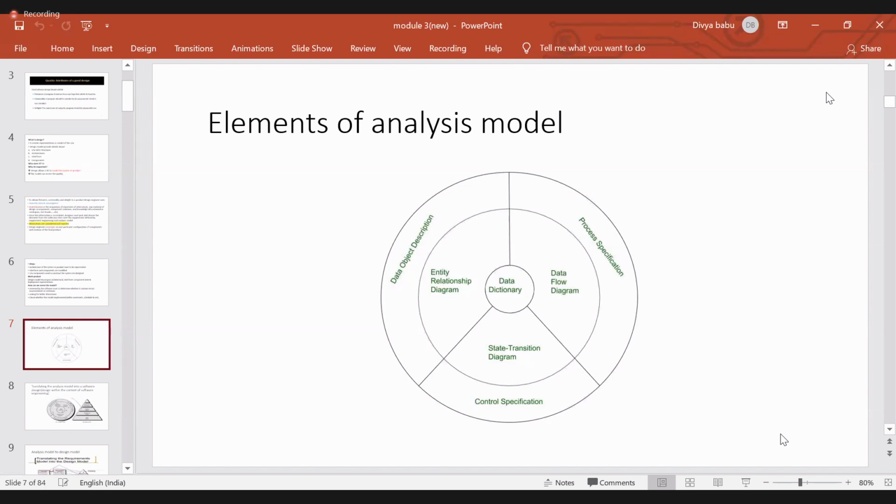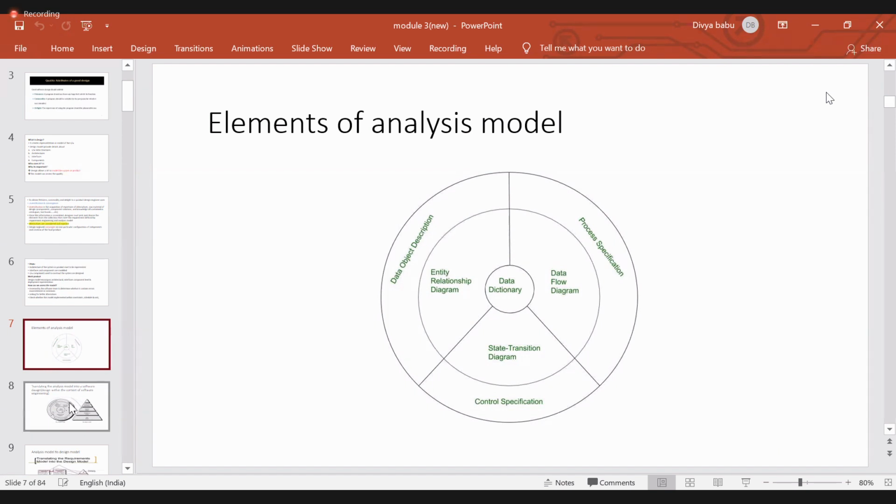How can I convert it? Here in this diagram, it shows the analysis model elements. You can see the entity relationship diagram, data flow diagram, state chart diagram, and the common data dictionary. The data dictionary contains metadata, and the process specification, control specification, and object-oriented descriptions are there. So these are the elements of the analysis model.